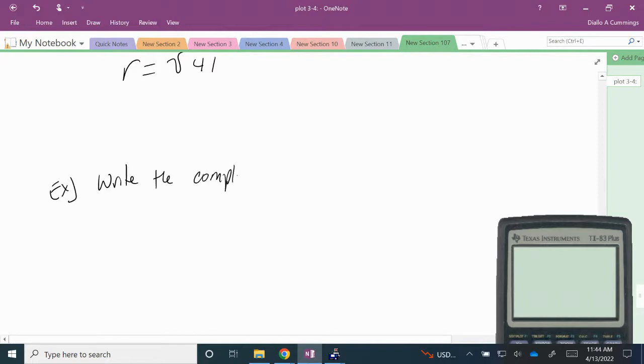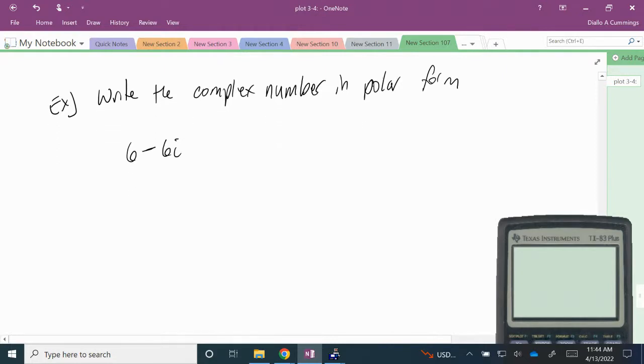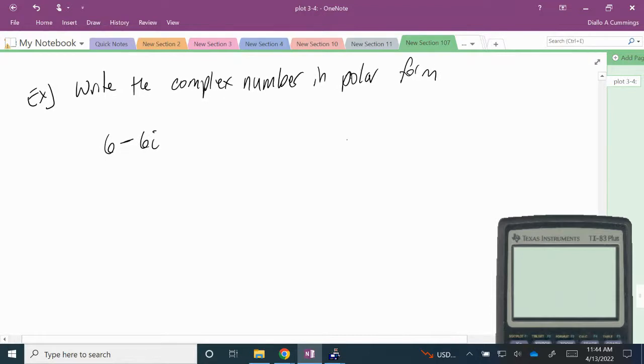We're going to follow those 3 steps. The first step says that we want a graph, so I'm going to plot 6 minus 6i.